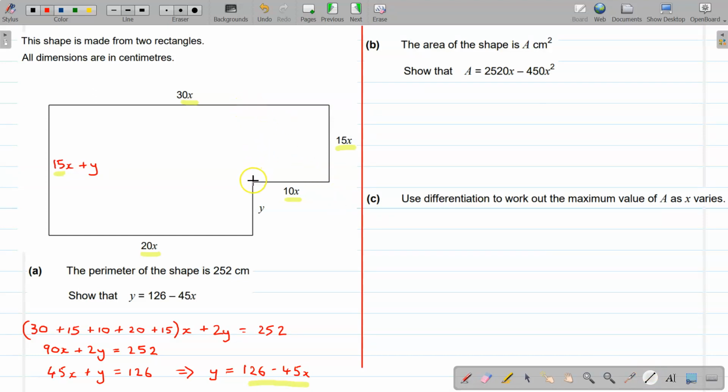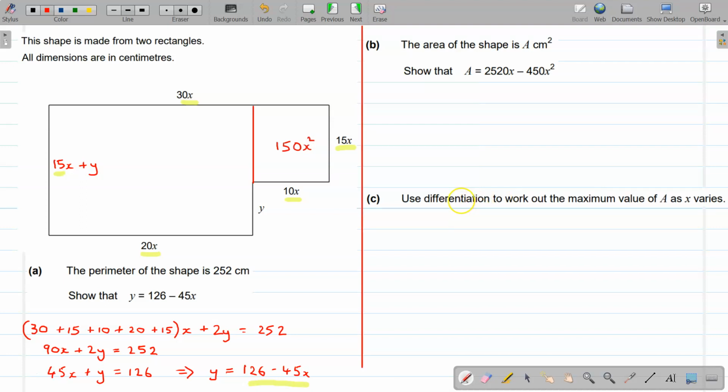Well, it may not be, it's one way of doing it anyway. So I'm just going to divide it up into two rectangles. Now this one here is easy because this is just 15x times 10x, which is 150x squared. So that's the area of that smaller rectangle there. I'm just going to write it in there.